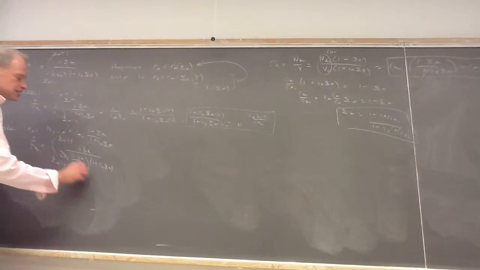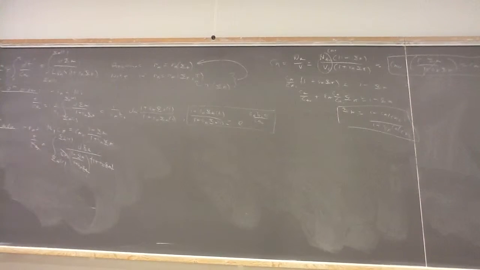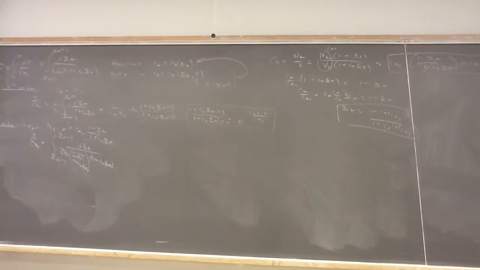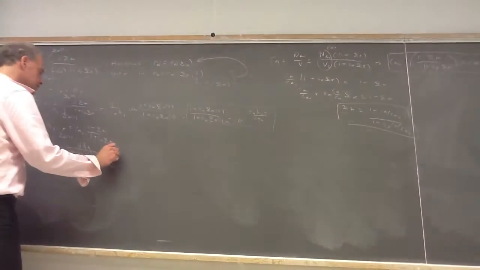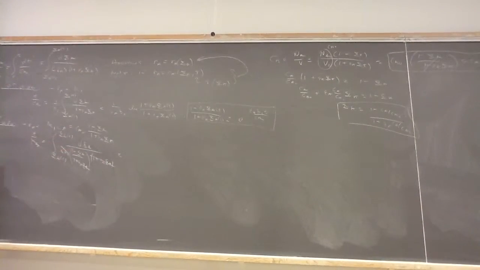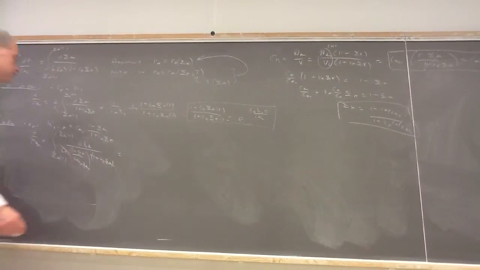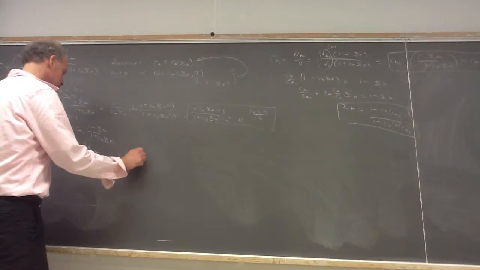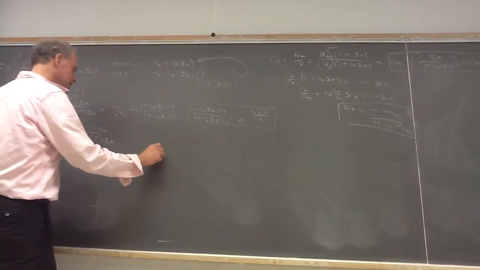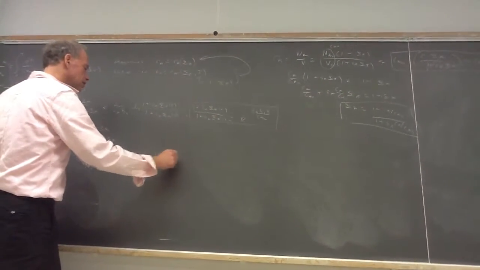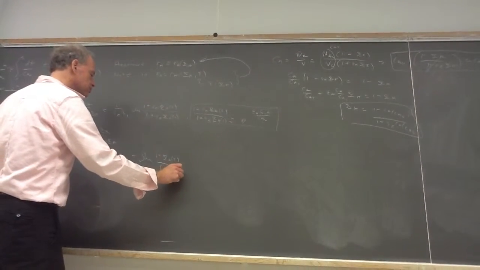But not only that, this cancels out as well. And what I get is I just have dXA over 1 minus XA, which is the log. So I get minus the log of 1 minus XA of t over 1 minus XA of 0.